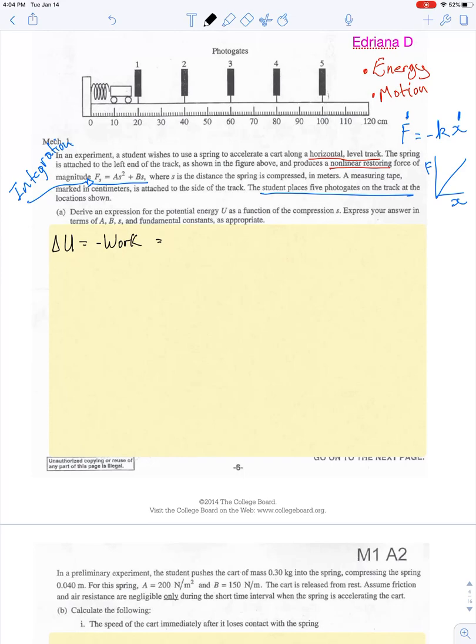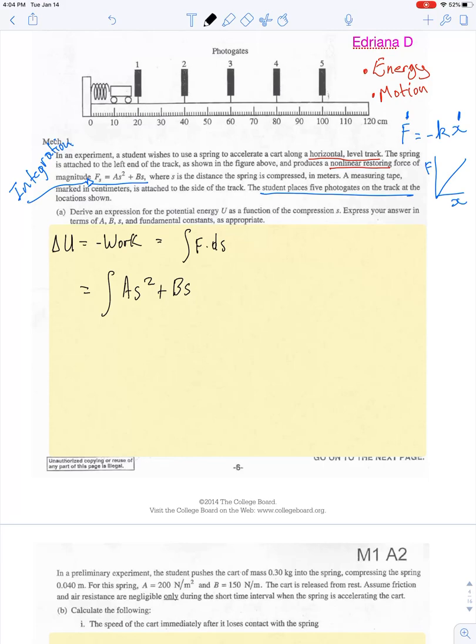But because F is changing with x, you know off rip it's F dx, or ds in this case. So you're simply going to integrate F from where it starts, which is 0, to where it's compressed, s. Oh, dope. So let's go. That gives me the integral of As squared plus Bs.